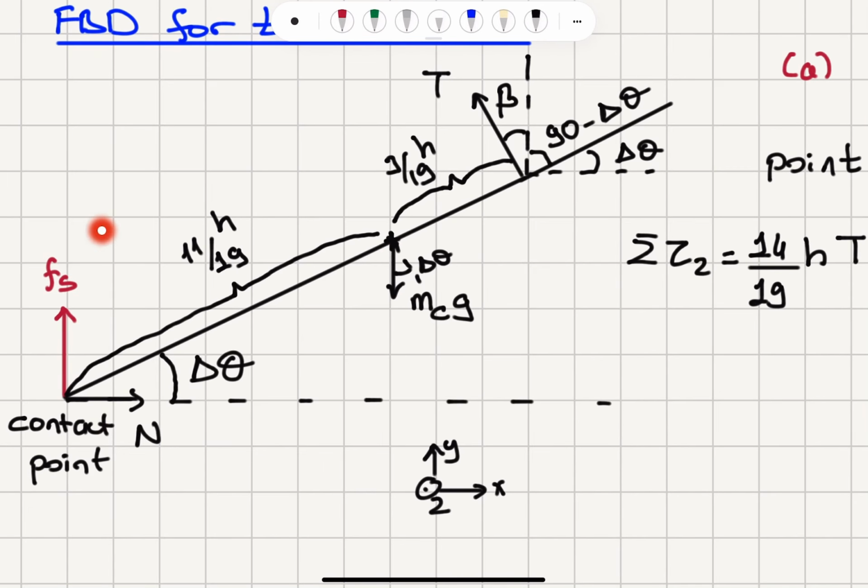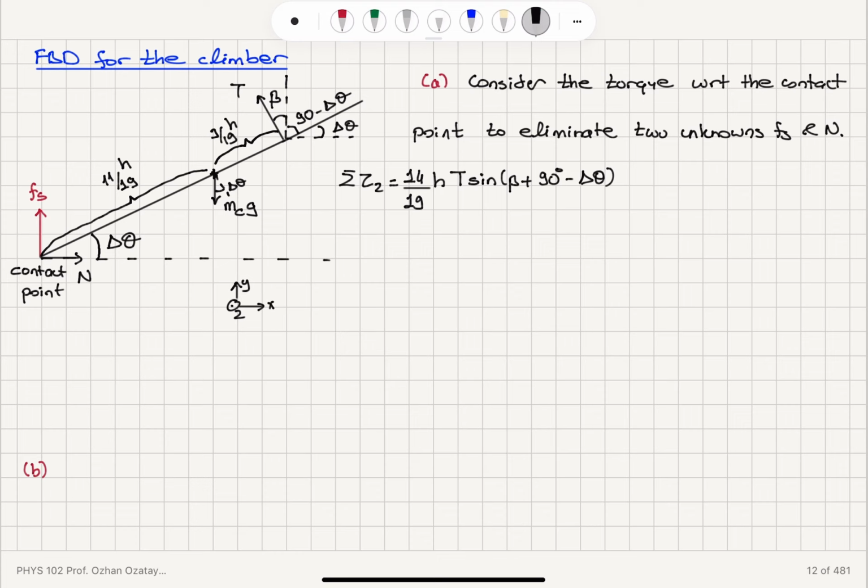Here it is going to be counterclockwise, so this will be negative, so minus 11 over 19 h multiplied by the weight mcg cosine delta theta, and the net torque has to be equal to 0 at equilibrium. So if I multiply, let me get rid of these h's here and these 19s here.